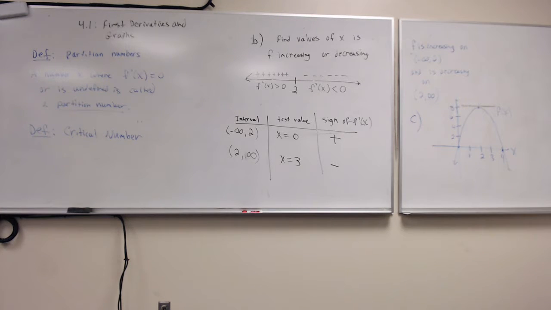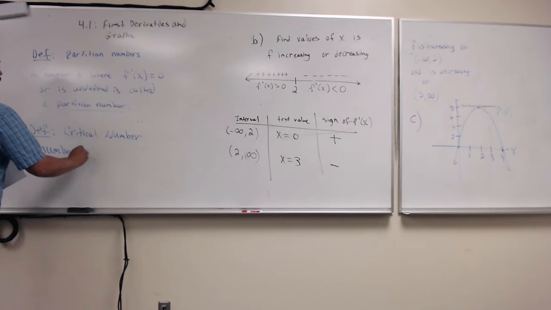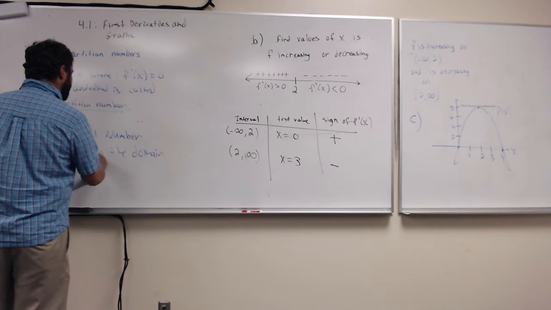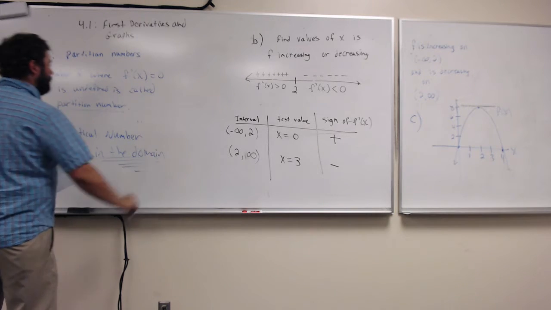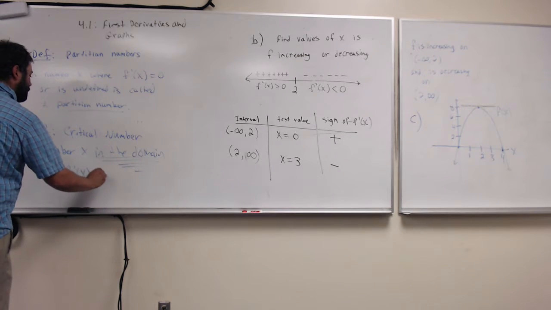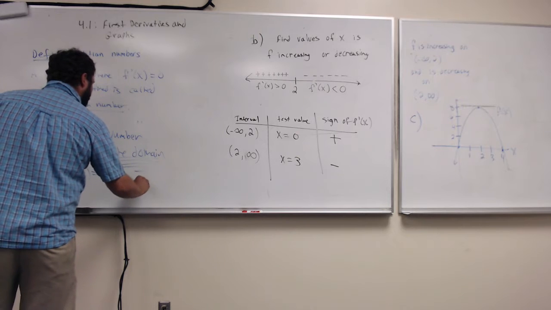In the domain. Partition numbers are numbers where the derivative is 0 or undefined. A critical number just adds the extra restriction that it has to be a number x in the domain. I can't stress how important that is. So it's a number x in the domain where the derivative is equal to 0 or undefined.